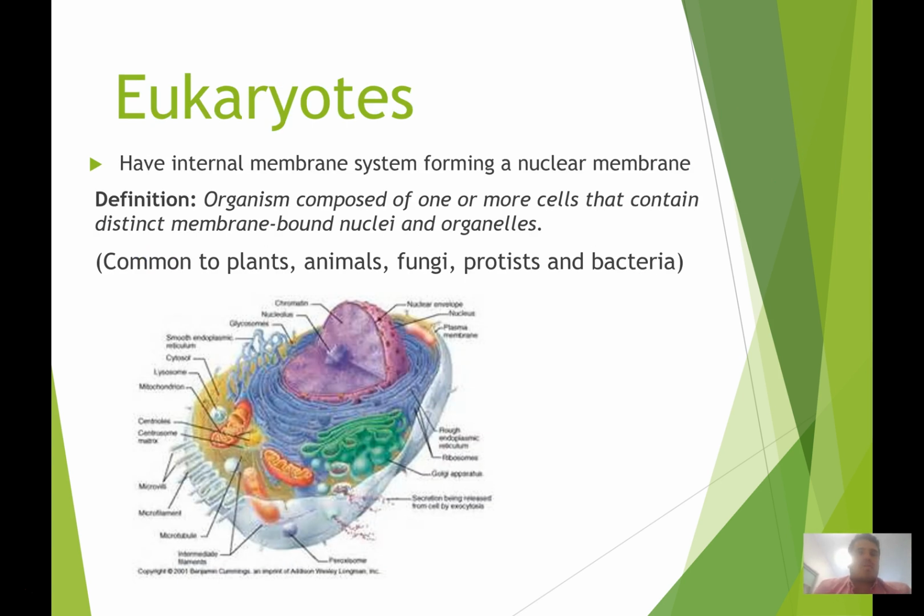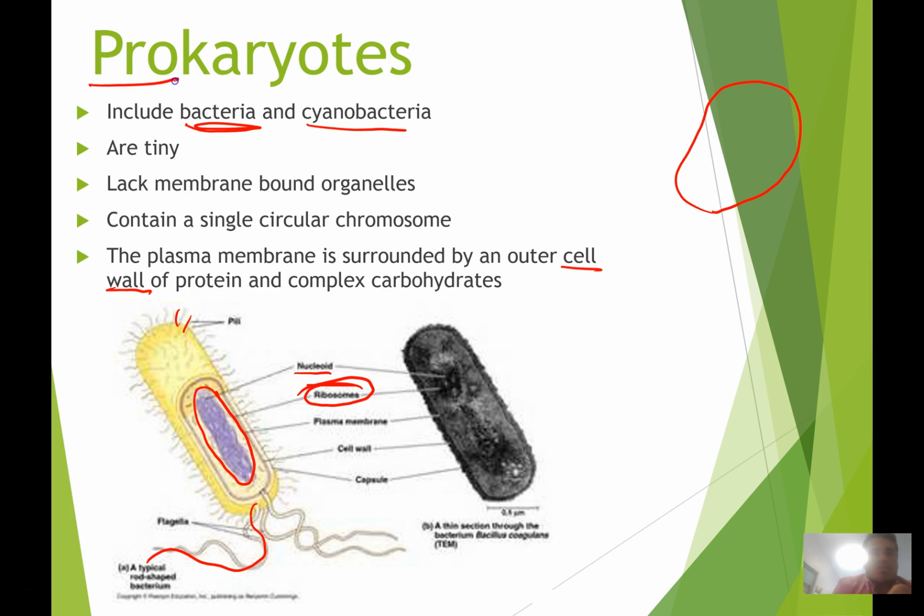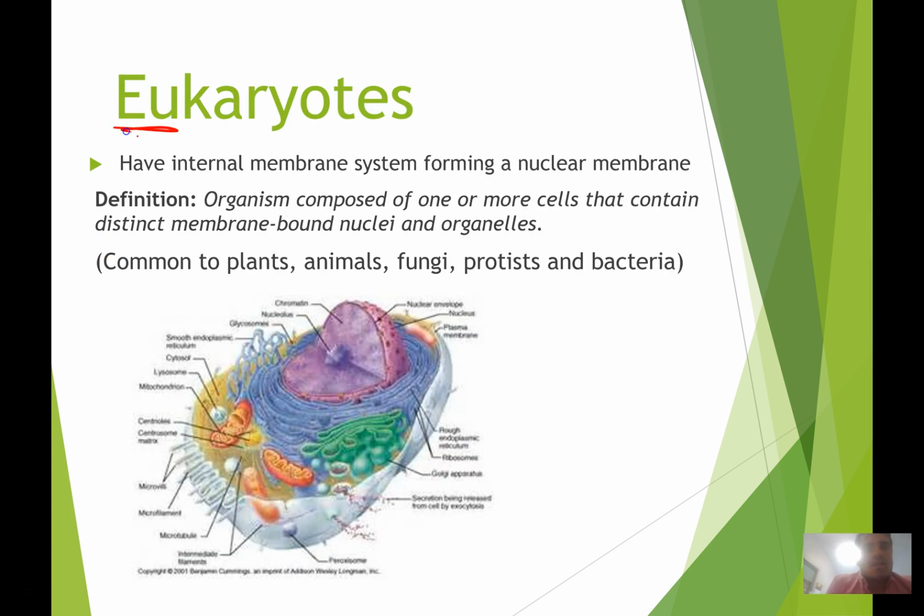What about eukaryotes? Prokaryotes, pro means before, so they're the ancient living things. They were the first living things. Eukaryotes, that's us, have an internal membrane system forming a nuclear membrane, so they have what we call the nucleus.